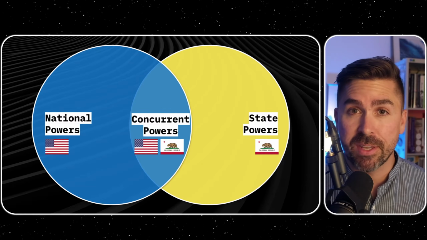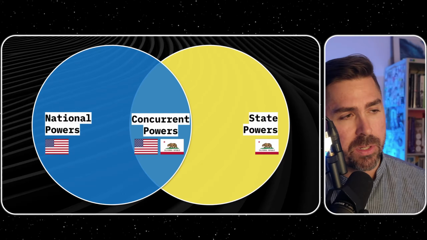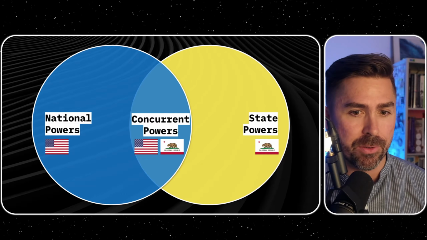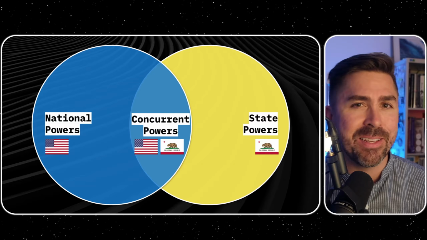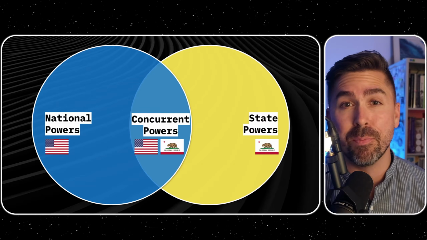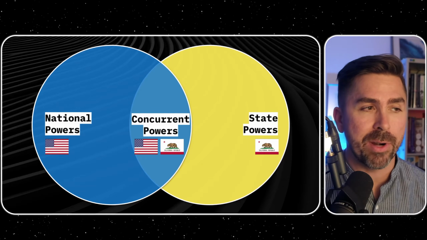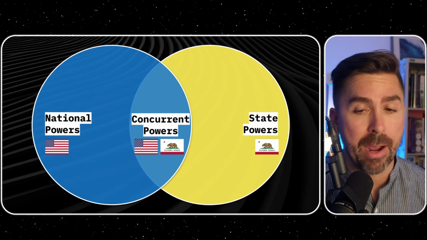If you take a look at this Venn diagram, what do you see? You see that there are some things that the national government handles, and there are some things that the state government handles. But there is this narrow slice of things that they actually both get to do. So we're going to explore national, state, and concurrent powers. Why don't we start with national powers?